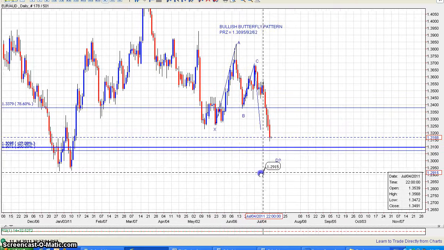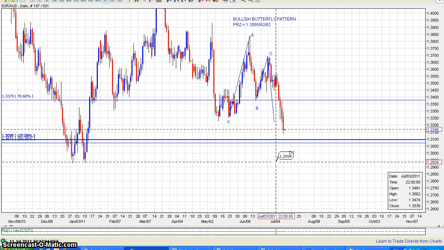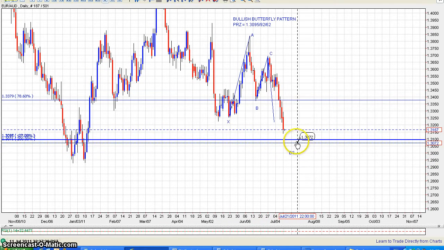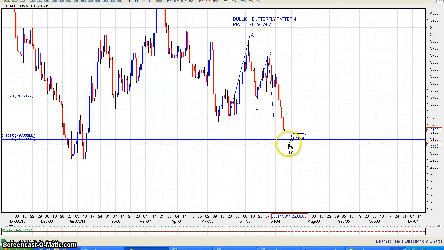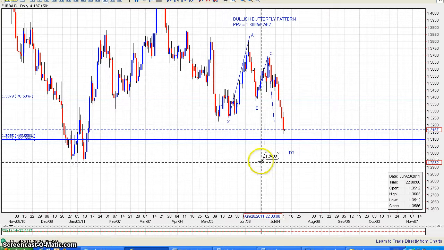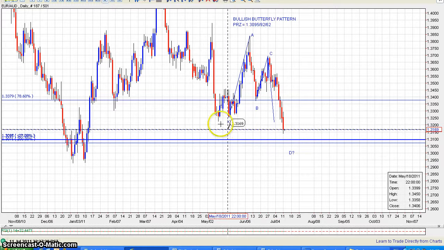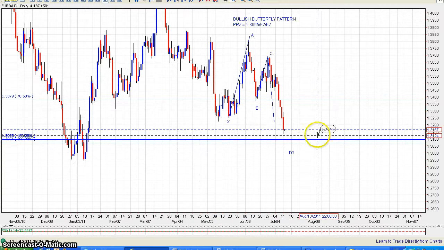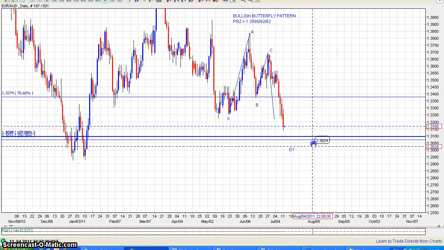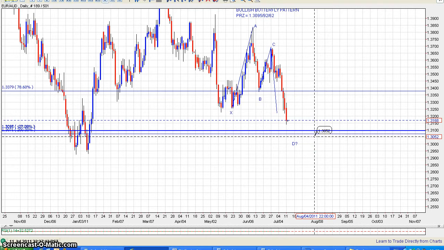And one more thing to add, this is just in an ideal world: once this level has been breached, what I should be doing is actually going short, because this is a very strong technical level according to the butterfly pattern, and if the level is breached, there's more decline to come.